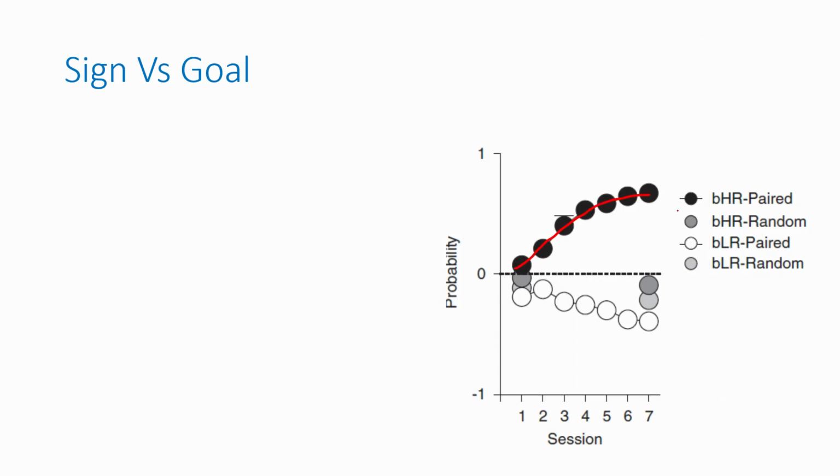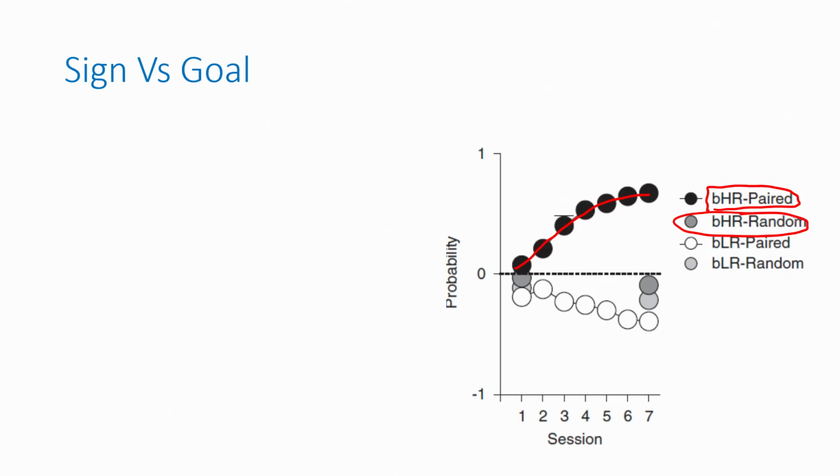So it is a learned response, but what they learn is to go to the lever, which they want to press. That is what this HR paired means: paired means they are paired with the food outcome. Clearly you need the pairing, because if you do the same with the group and use random pairing, where there is no contingency of lever press with the food, they are at some chance level around 0.